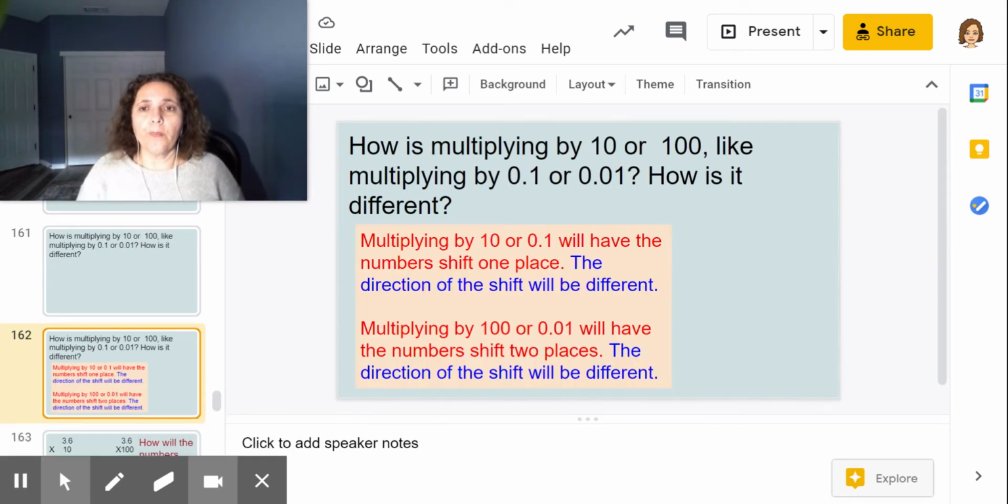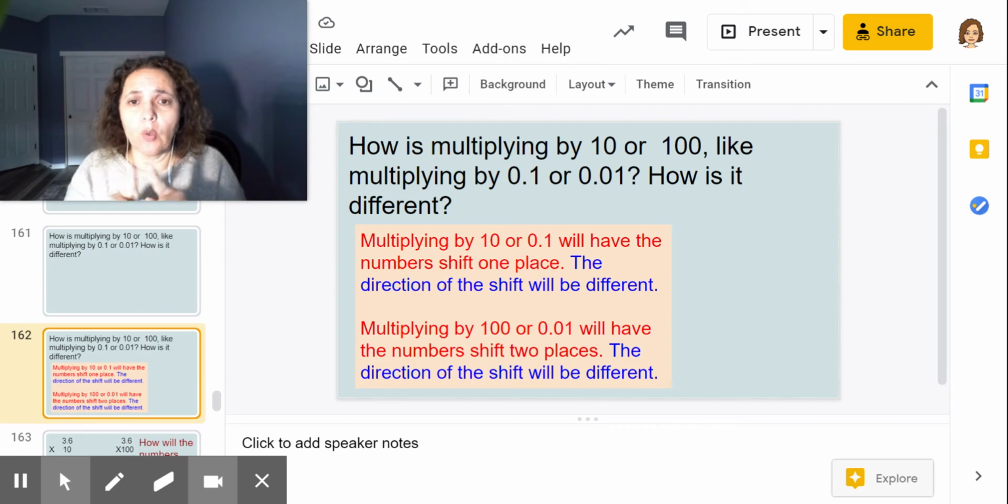All right, so multiplying by 10 or 1/10 will have the same number of shifts, 1 place. So they're both going to shift 1 time. The difference is that when you multiply by 10, it's going to move to the left 1 time. And when you multiply by 1/10, it's going to shift to the right 1 time.